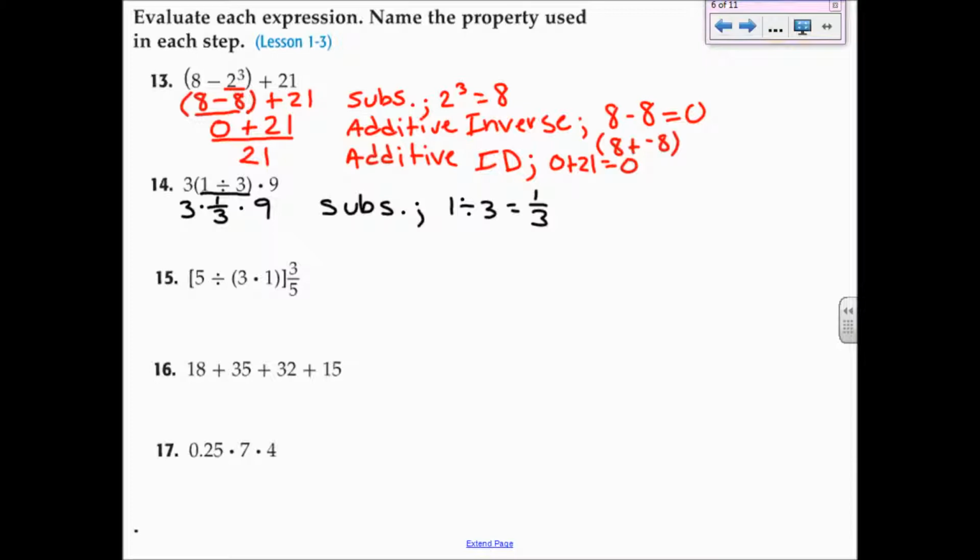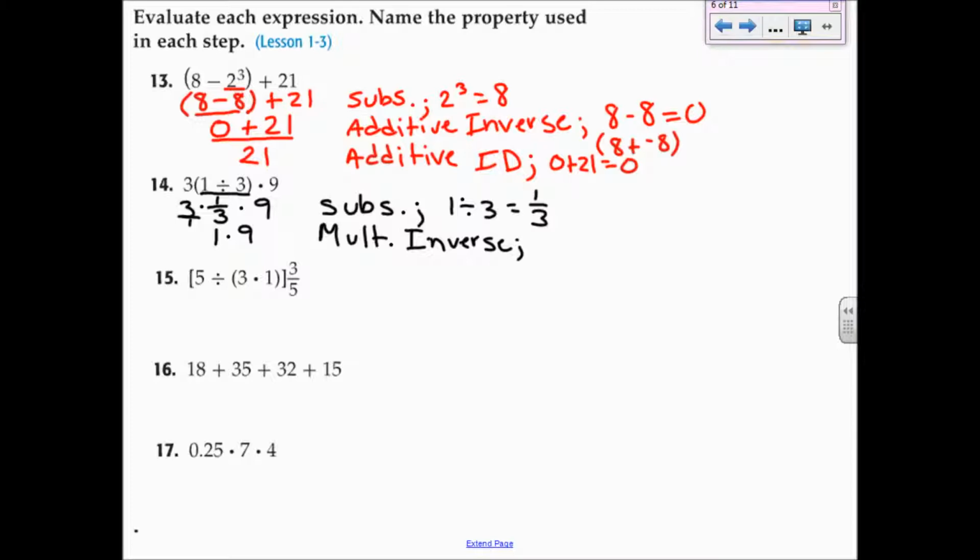The next thing I'm going to remember is that 3 as a fraction is actually 3 over 1. And then 3 over 1 times 1 over 3 is 1. And that's by the multiplicative inverse property.